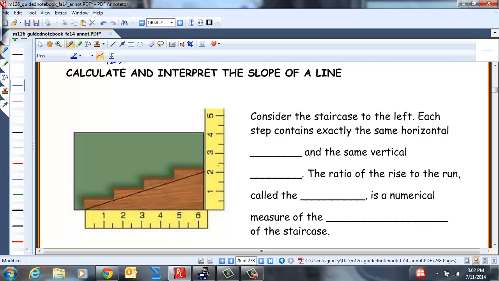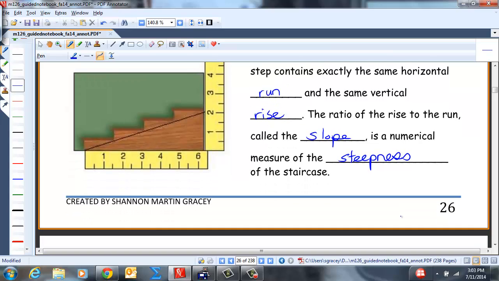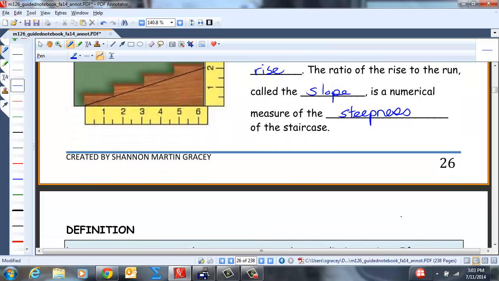Each step contains exactly the same horizontal run and the same vertical rise. The ratio of the rise to the run, which is called the slope, is actually a numerical measure of the steepness of the staircase. Right? Obviously, you don't want the staircase to be too steep, or it'd be too difficult to ascend.